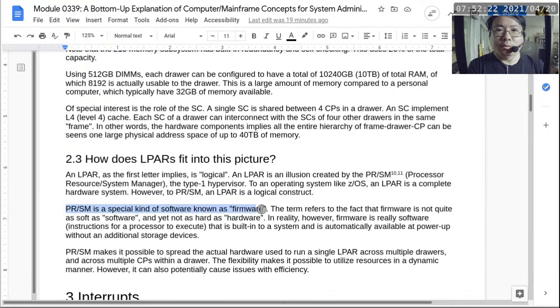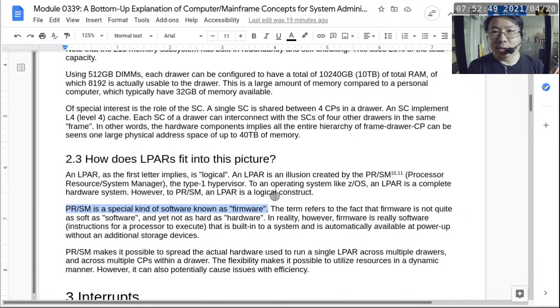PRSM is also a type of software known as firmware. It still requires the processor. It can only run using the CP, but it is firmware because it doesn't need to be loaded. Typically, when we use the word firmware, the program is not loaded from DASD or a solid state drive or anything like that.